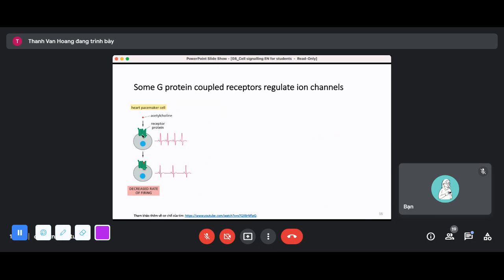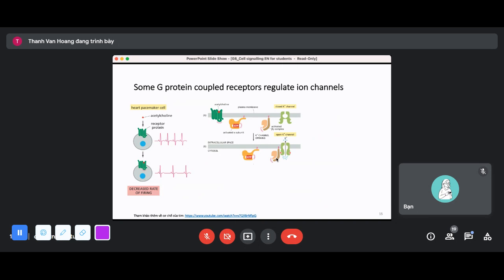The acetylcholine receptor is a G protein coupled receptor. When acetylcholine binds to its receptor, it activates the G protein, as we talked about previously, so that the alpha subunit can bind to GTP and dissociate from the beta and gamma complex, right?